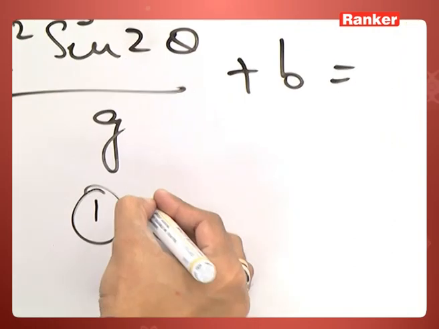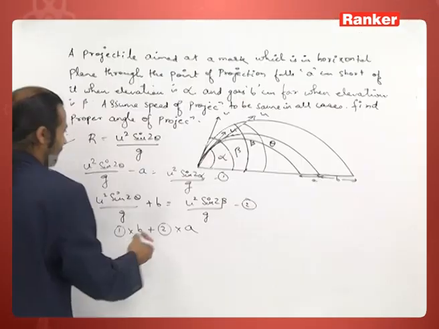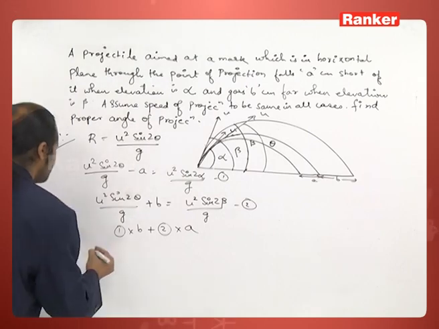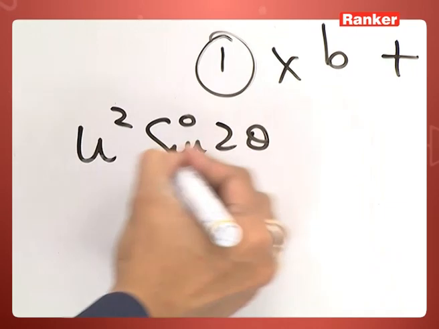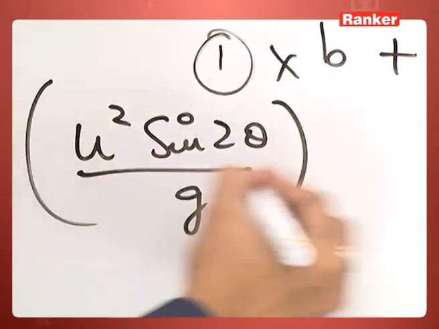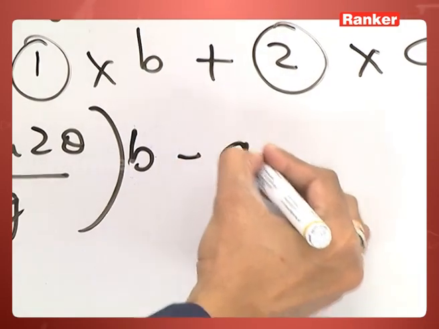So multiply equation 1 by b and I will multiply equation 2 by a. So this becomes u square sine 2 theta by g into b, minus ab.